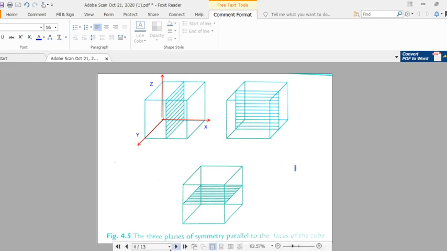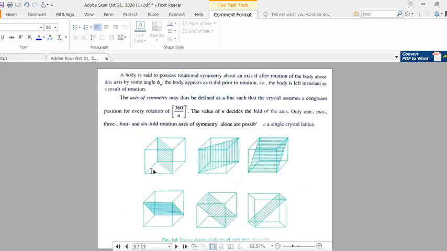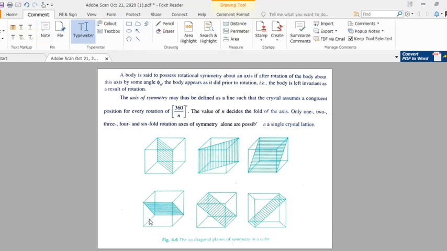in addition to these three reflection planes, we have 6 diagonal planes. Let me draw it for you.